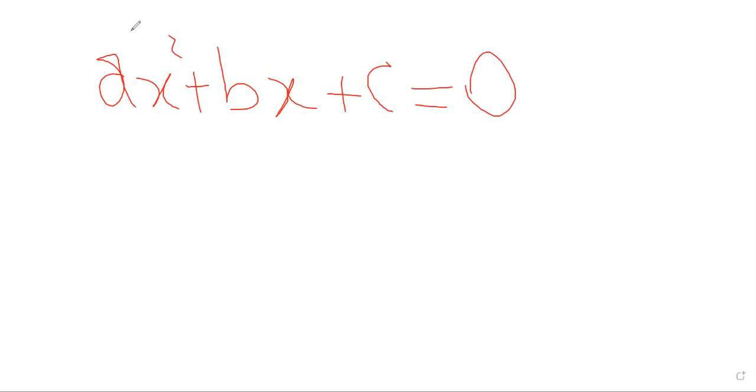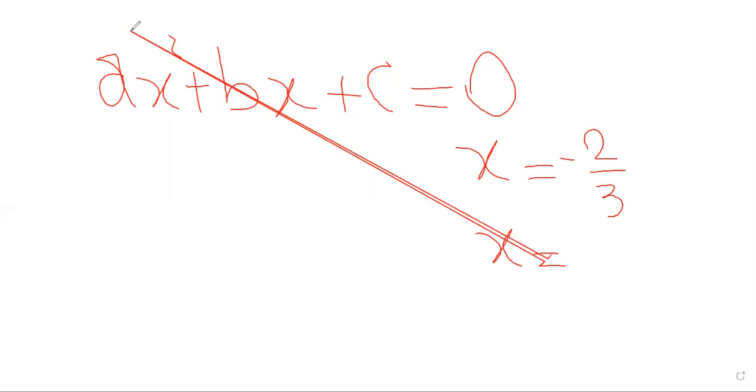But anyhow, if the roots are given, the first root is x is equal to minus 2 by 3. And the second root, as it is a quadratic equation so it must have two roots, is x is equal to 1 by 4.